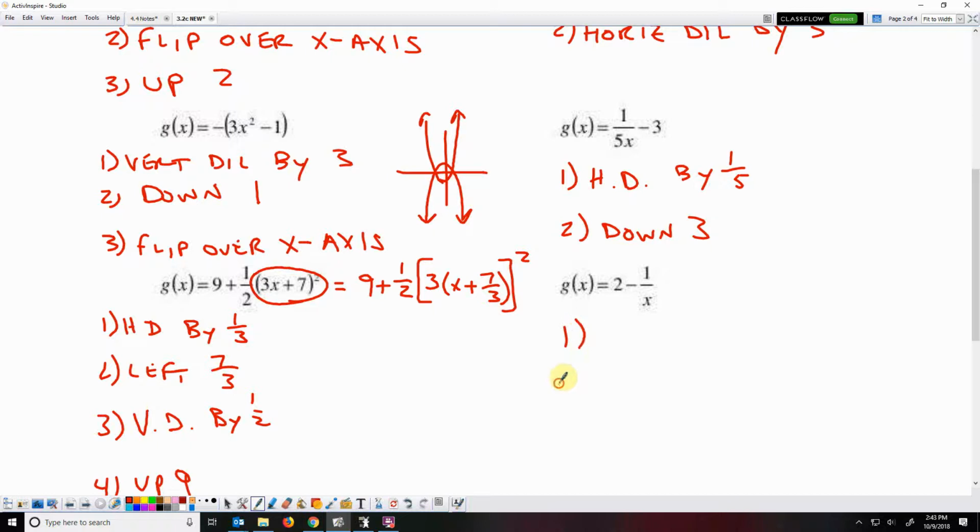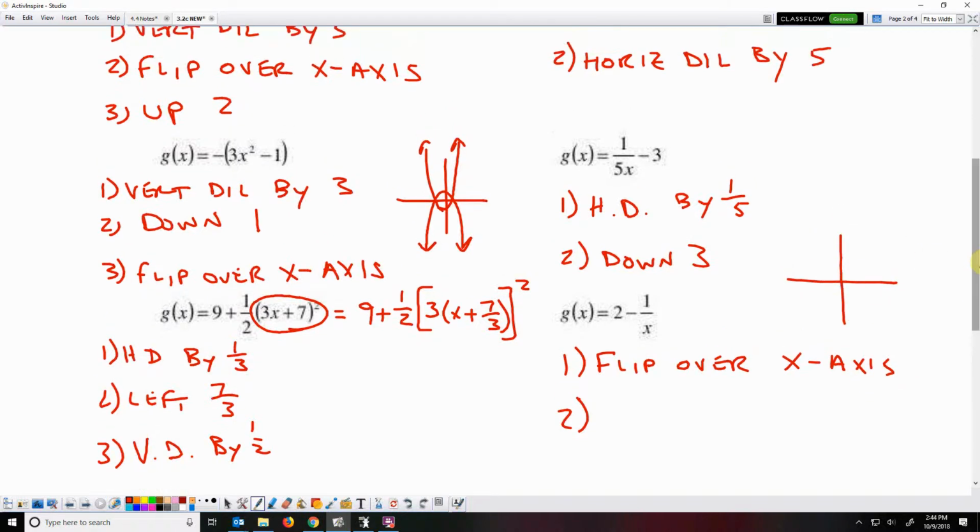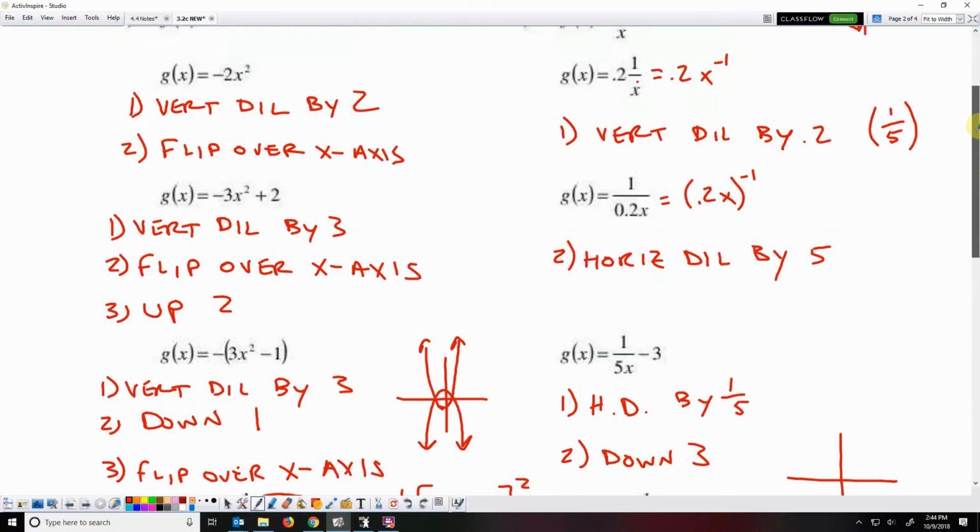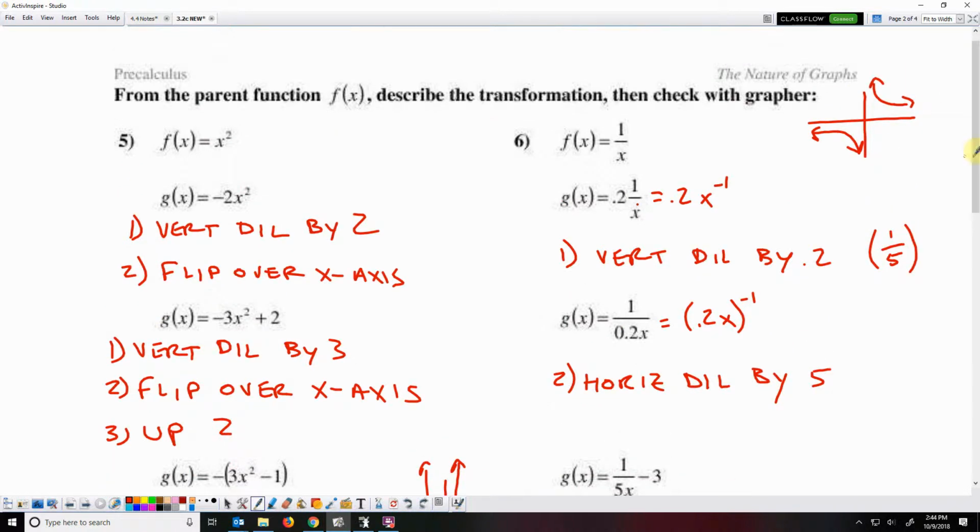And here I see two things happening. Nothing is inside the function, so there's nothing in there. But if I move my way out, I see that it's being multiplied by a negative, so that is a vertical reflection, which means it's going to flip over the x-axis. Okay, so it used to look like this, the original.